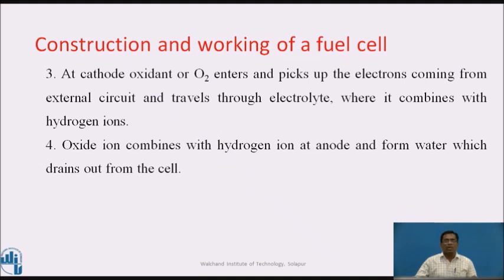At the cathode, oxidant or oxygen enters and picks up the electrons coming from the external circuit and travels through the electrolyte, where it combines with hydrogen ions. Oxide ion combines with hydrogen ion and forms water which drains out from the cell.